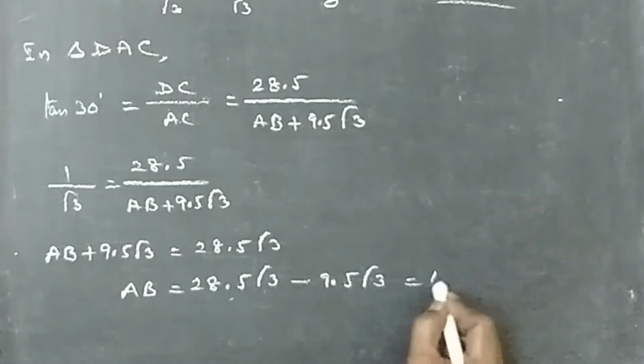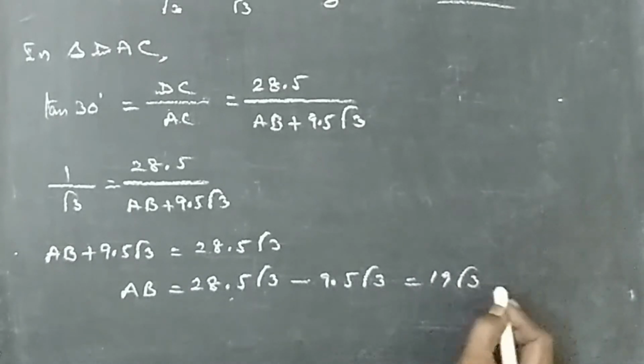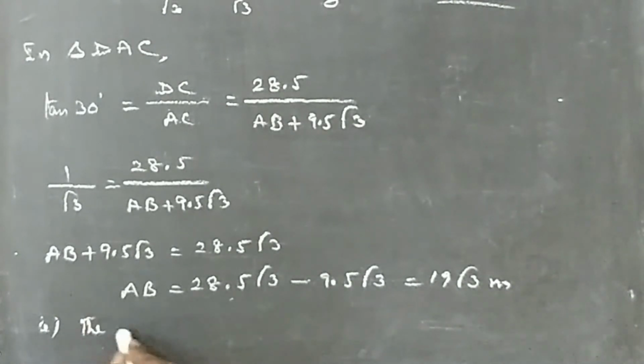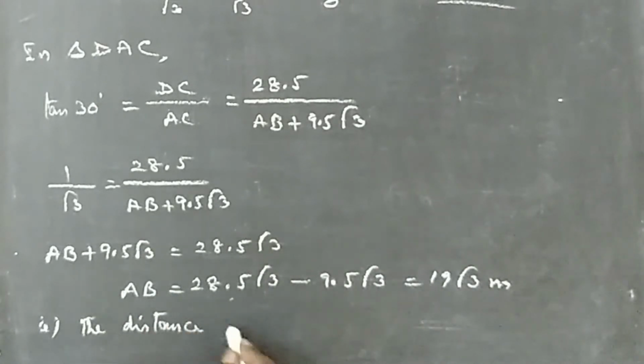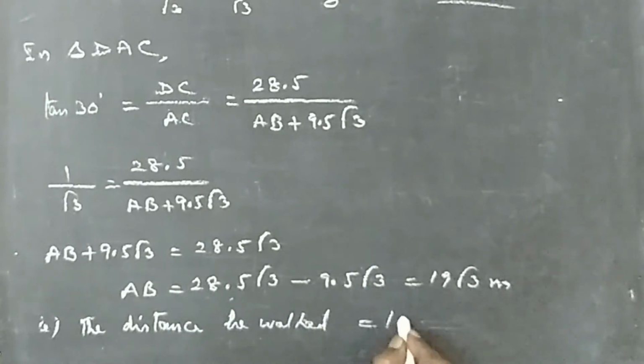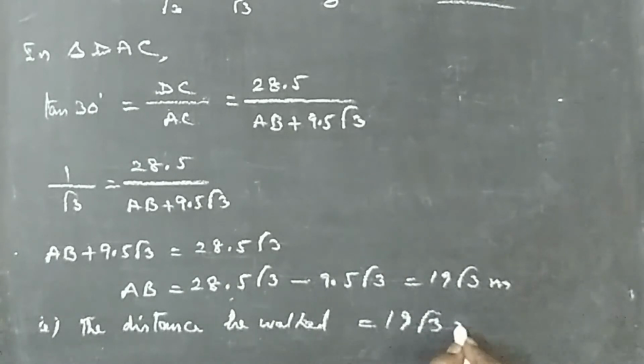This equals 19 root 3 meter. That is, the distance he walked is equal to 19 root 3 meter.